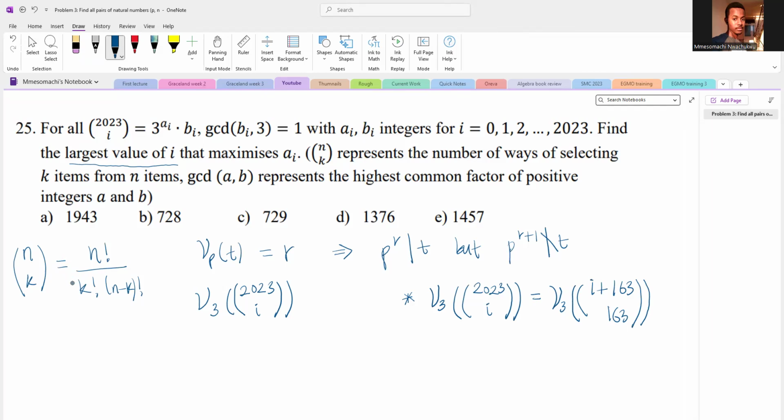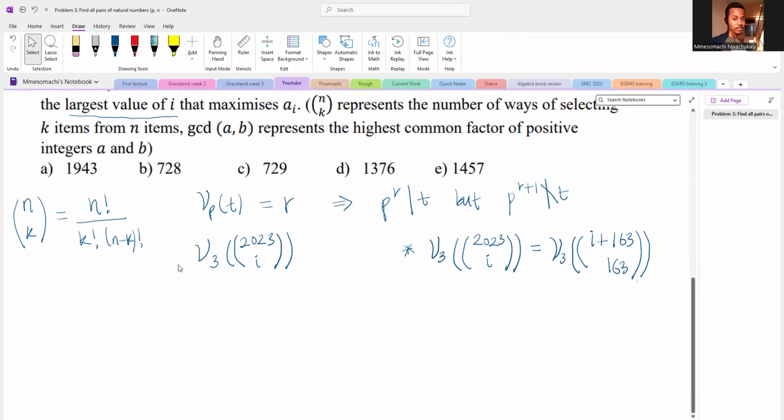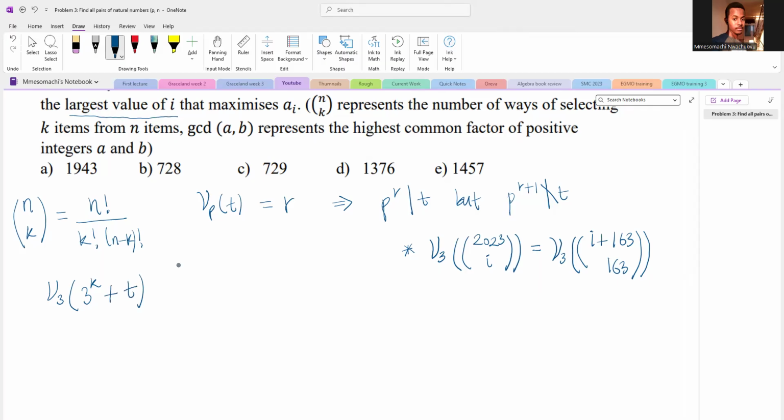So how do we show this? I'm going to scroll down a bit. Let's talk about a few properties of the p-adic valuation. Say we have the 3-adic valuation of 3 to the power of k plus some t, where the GCD of t and 3 is equal to 1.